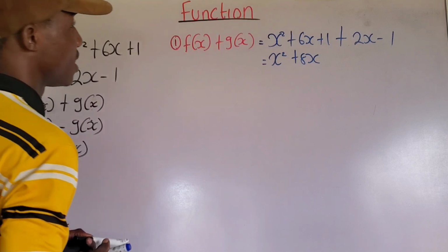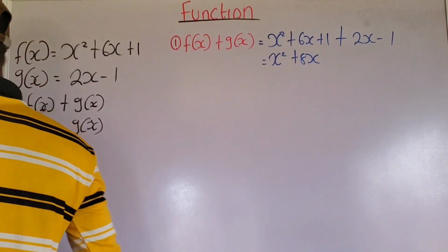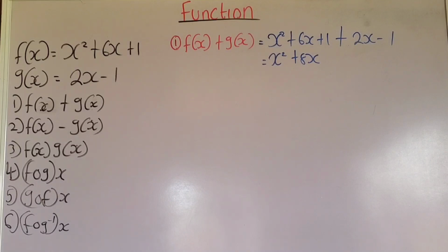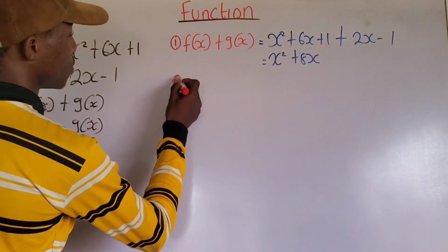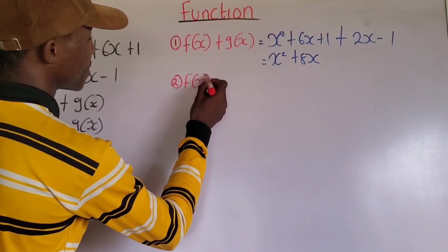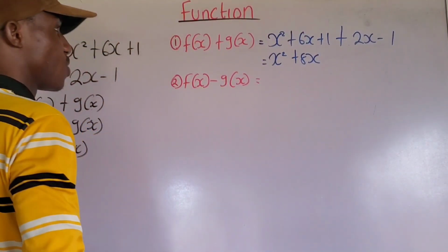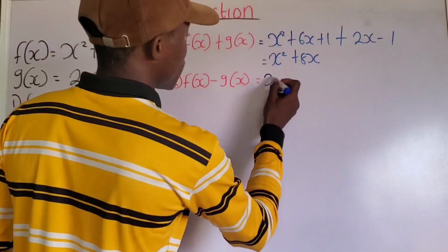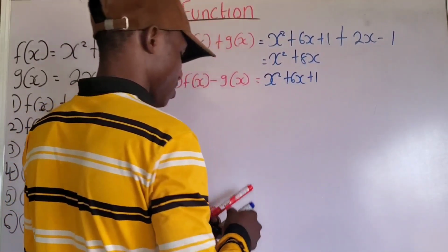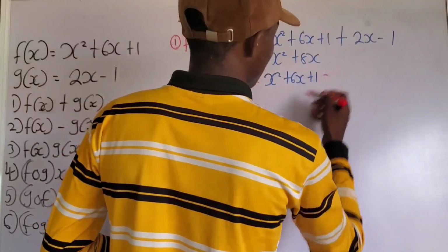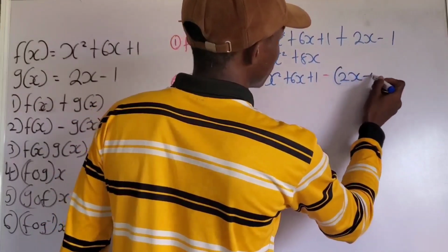Okay, now let's proceed to question 2. We are asked to determine f of x minus g of x. Now for that one, we are going to have x squared plus 6x plus 1 minus 2x minus 1.